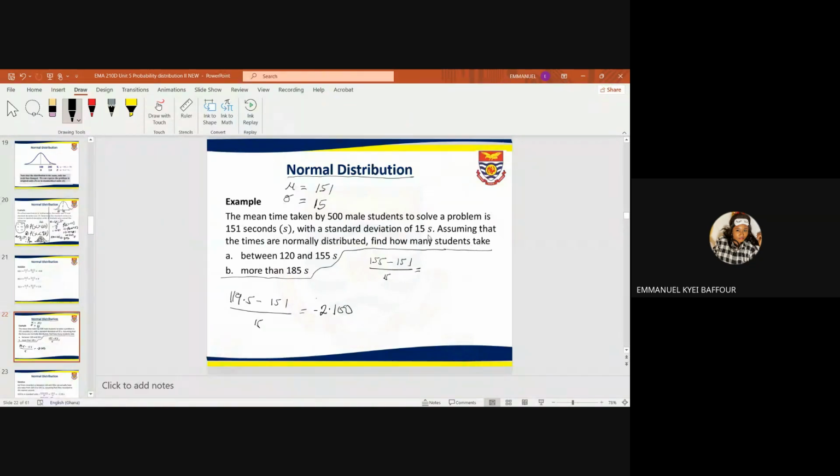And what are we getting for this one? 0.2666666, so about 0.2667.